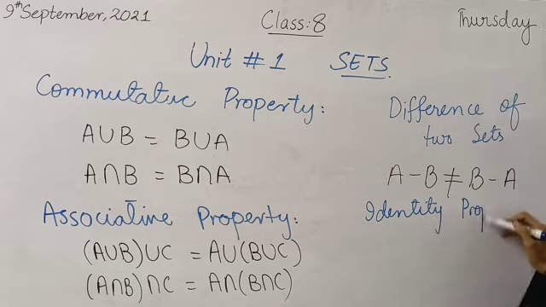Third is identity property. Identity means if we want to take the union with any set, it will remain same.